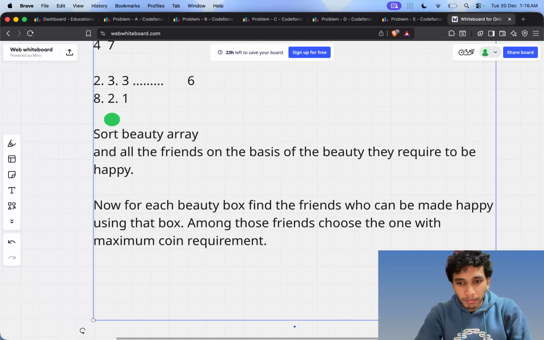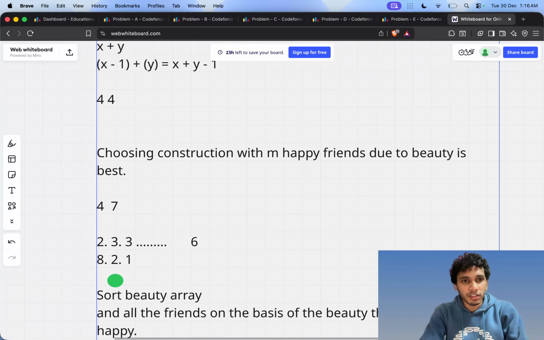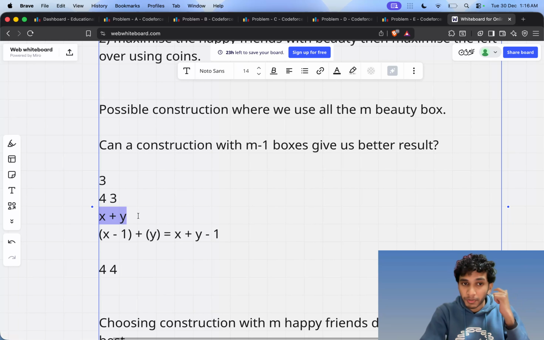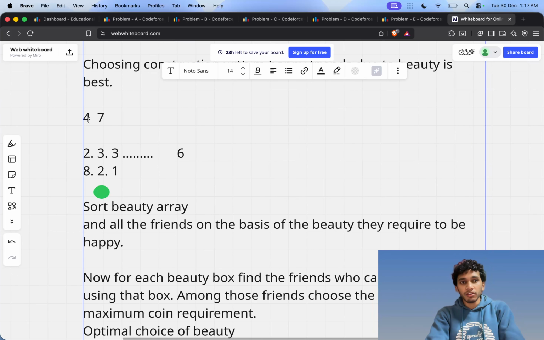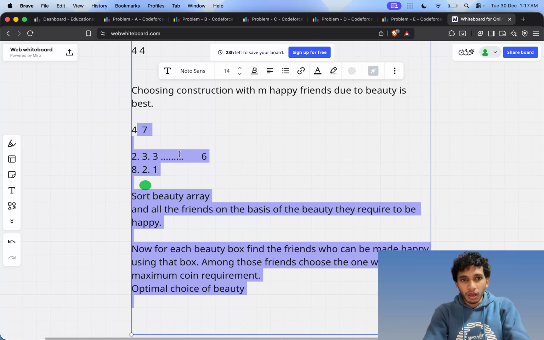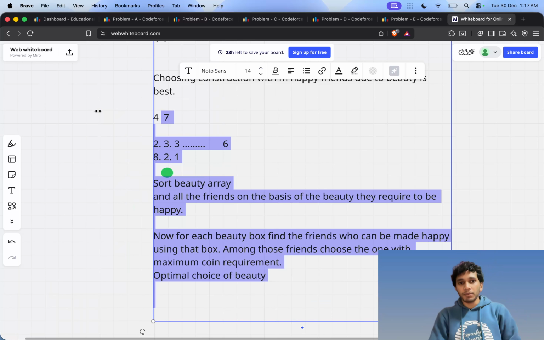Why is this optimal? As we discussed here, this construction should be optimal. Because of this very scenario: 4 was used to make a person happy that could have been made happy by 7, but 7 is not used to make a person happy that could be made happy using 4.